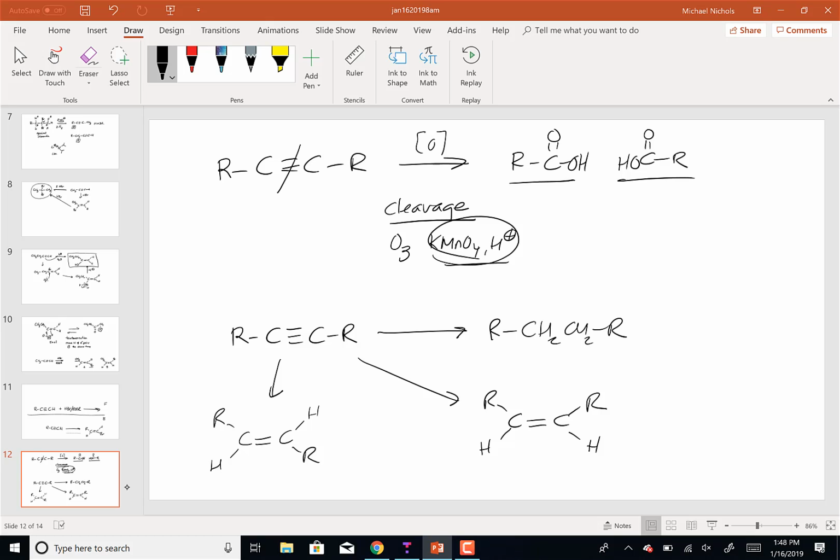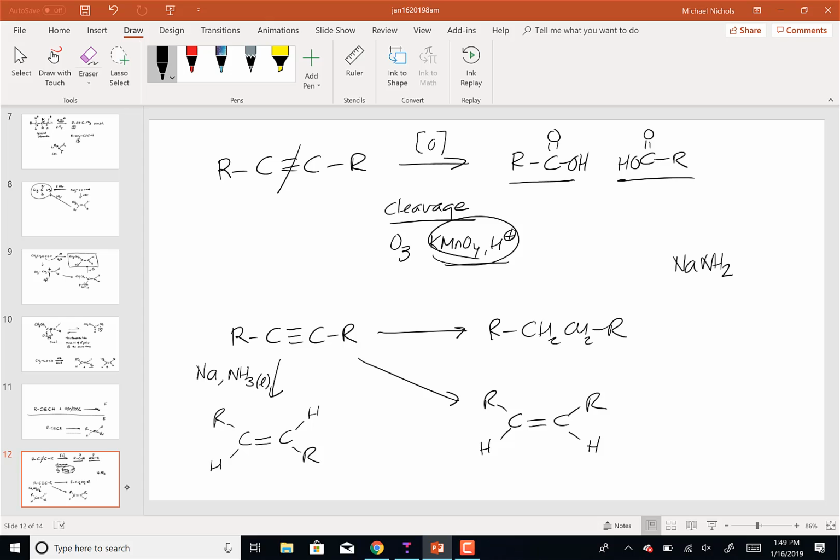One of these is to use sodium metal and liquid NH3, liquid ammonia and sodium metal. That's not to be confused with NaNH2.